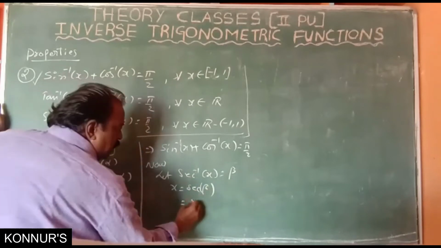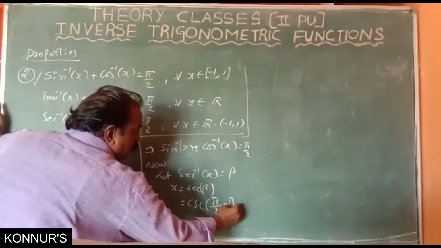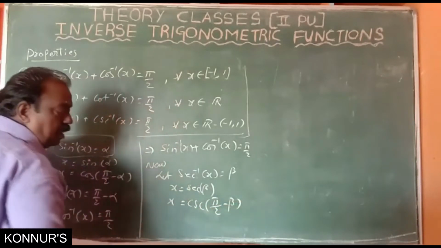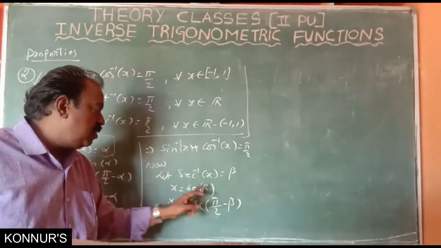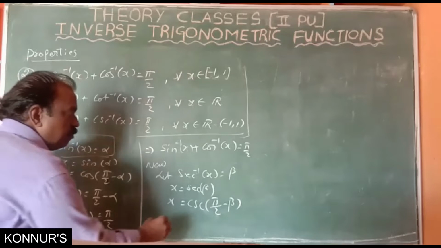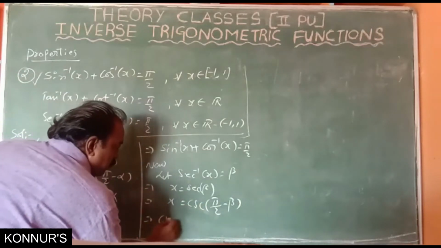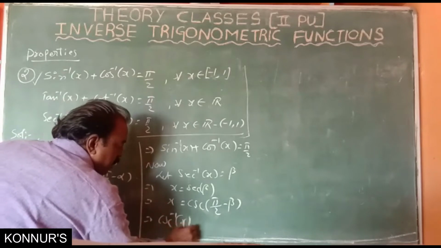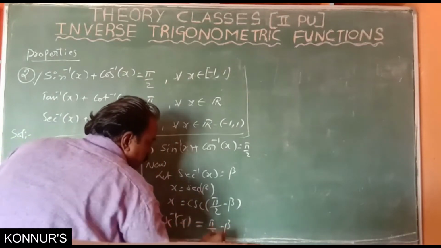Secant beta means cosecant of pi by 2 minus beta, since cosecant of 90 minus theta is secant theta. This secant is sent to this side: cosecant of x is equal to pi by 2 minus beta.